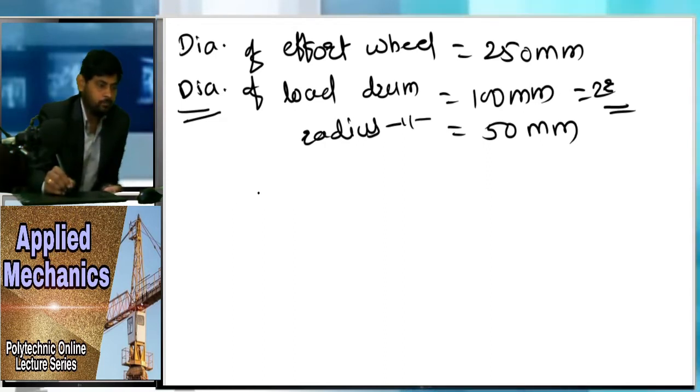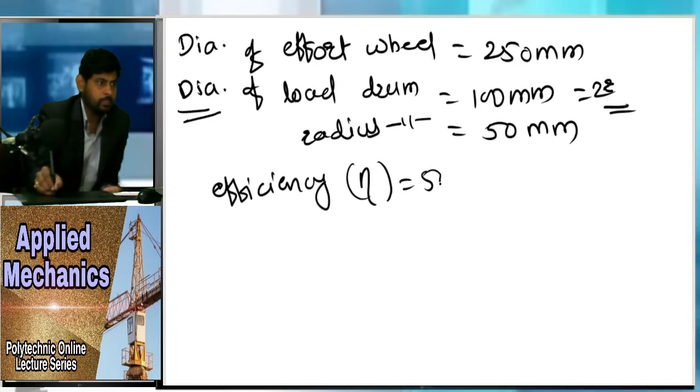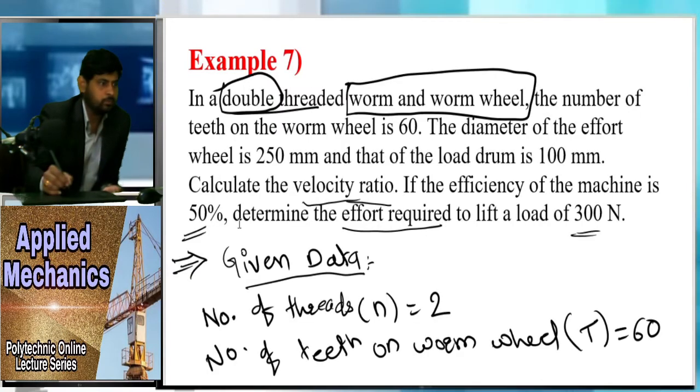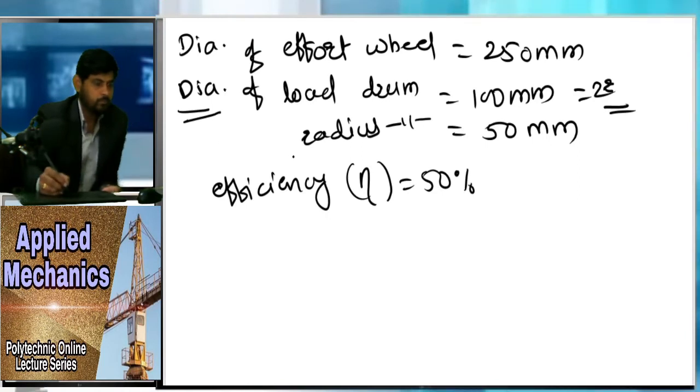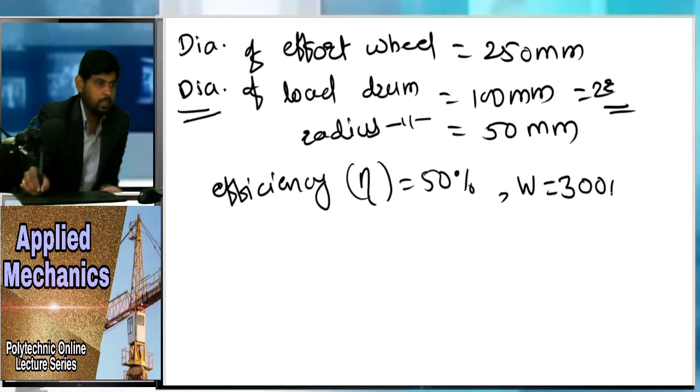After that, efficiency is also given to us: efficiency is equal to 50%. Then the load is also given to us: W is equal to 300 Newton.